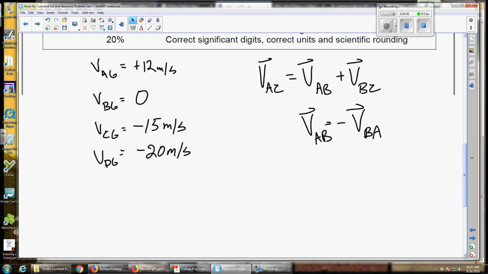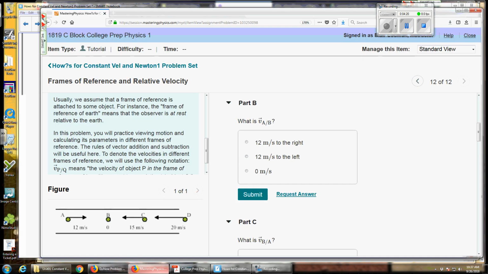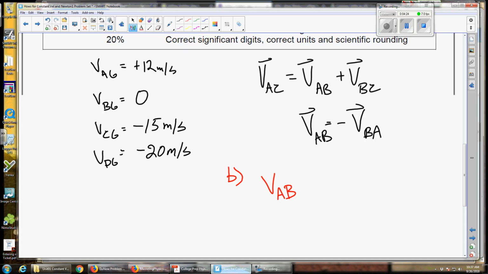And we said we were going to do B, right? Part B wants the velocity of A with respect to B, I think it said, right? Yep. They use that little slash. I don't really like that. So what I need to set up is my equation, something that adds up to that.